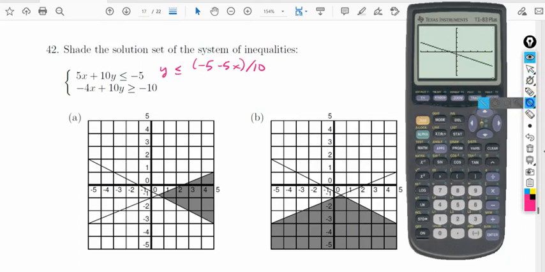Okay. So I want the line. It's less than or equal. I want the line and everything below it. So that's the first region. Now my answer is going to be the overlap. Now, where is my second graph?